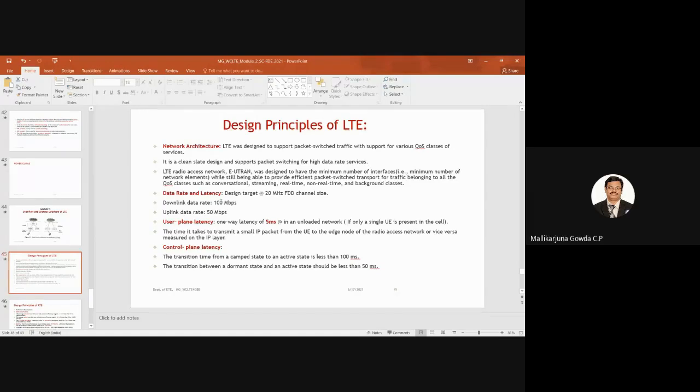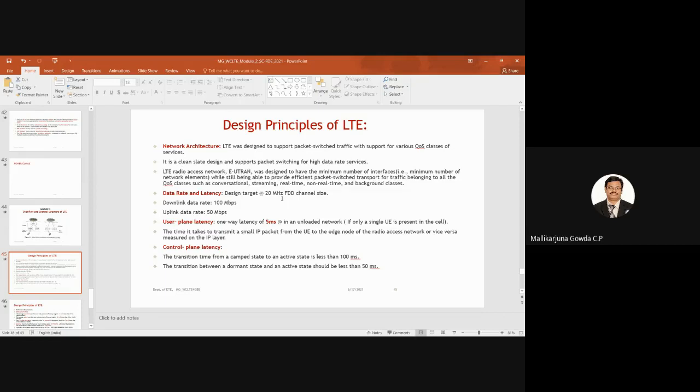If the network can provide 100 Mbps in the downlink and 50 Mbps in the uplink, that is the target that has been decided for this LTE. I hope this point is clear. This is at 20 megahertz bandwidth.